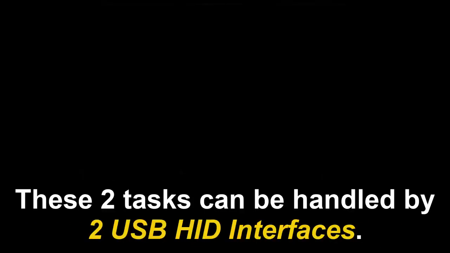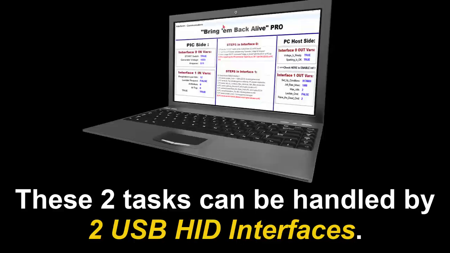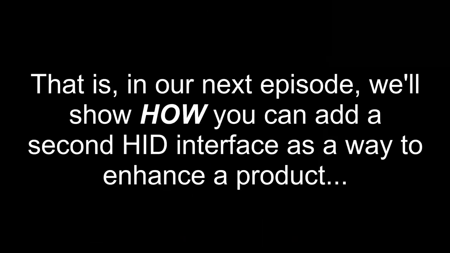These two tasks can be handled by two USB HID interfaces, as we will show in the next exciting episode of this video series. That is, in our next episode, we'll show how you can add a second HID interface as a way to enhance a product as we start building out our simulation of automating Mo Frankenstein's laboratory.